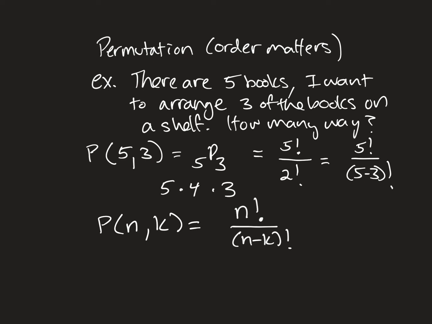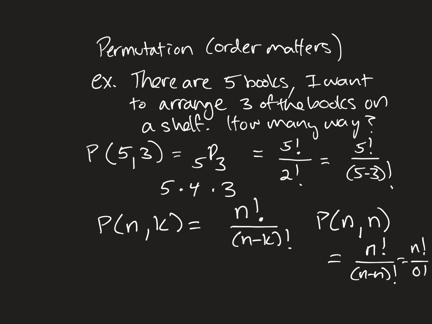By the way, something worth noting, because this does happen: say I had N things or books, and I wanted to arrange all N of them. Using this formula, this would be N factorial over N minus N factorial, which is N factorial over 0 factorial.